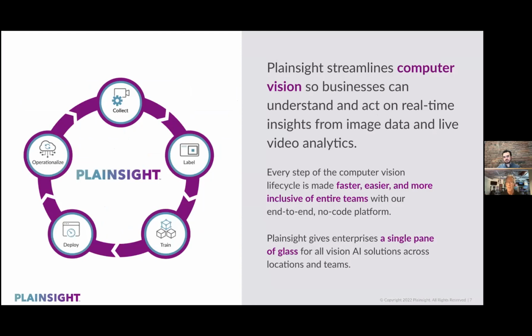We've taken all those tools that you saw on the last slide and built them into a single unified pane of glass, so to speak, to streamline that whole process and allow even a business user, somebody who has experience with the data, knows what they're looking for, and has domain expertise, to build their own machine learning models and use the platform.